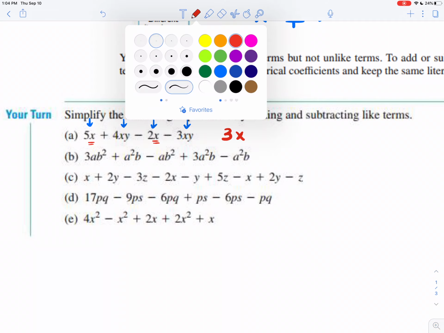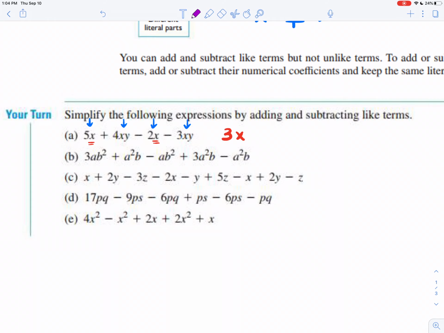Now the other thing that I can combine here would be the xy terms. Those have the exact same literal parts. There's no difference. And so I can combine their coefficients. I've got a 4 minus 3. Always take the sign that comes in front of it. 4 minus 3 is 1, and so I'm going to write this as plus 1xy.